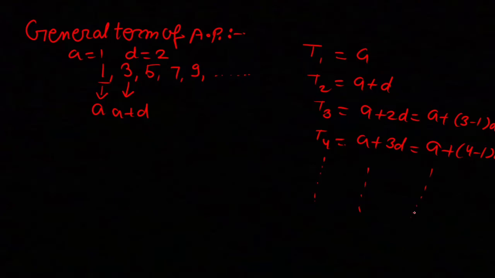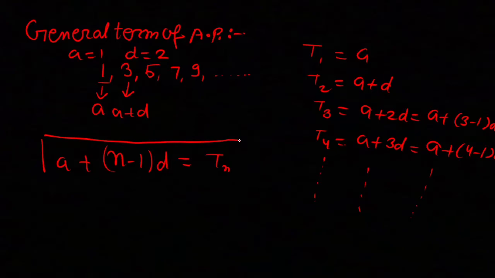So we are adding n minus 1 times d to the first term a to make the nth term. This is the formula for the general term of your AP: the nth term is a plus n minus 1 times d.